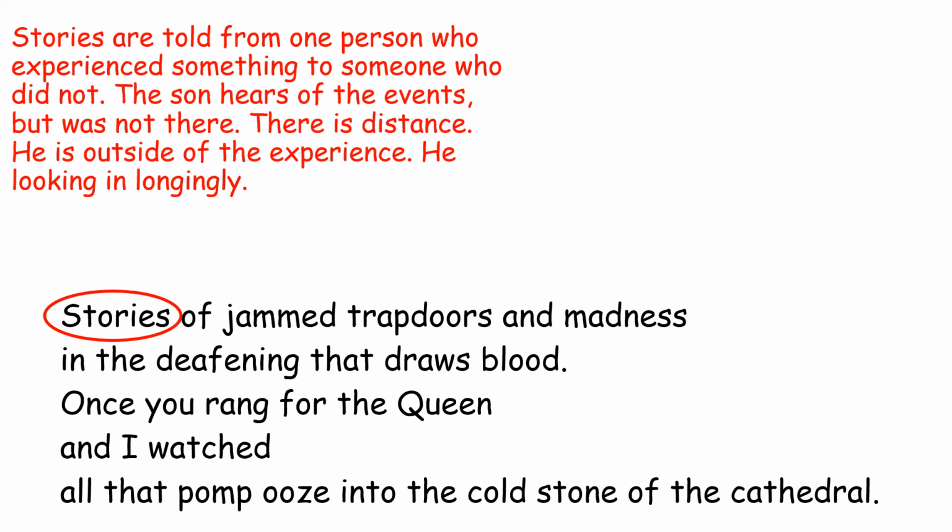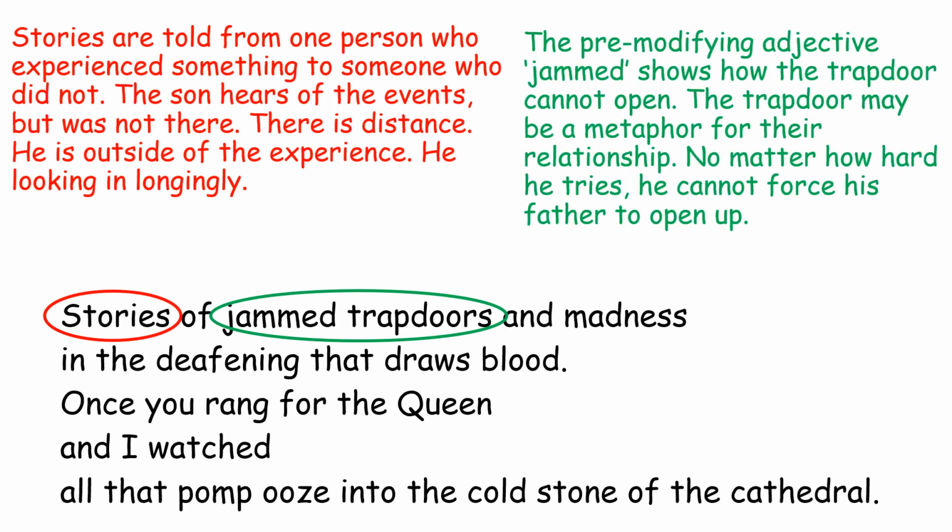And that's exemplified at the end of this stanza. If we take a look at the two words jammed and trapdoors. Now, the word jammed here is describing the word trapdoors, which makes jammed a pre-modifying adjective. And the word jammed is showing literally how this trapdoor cannot open.